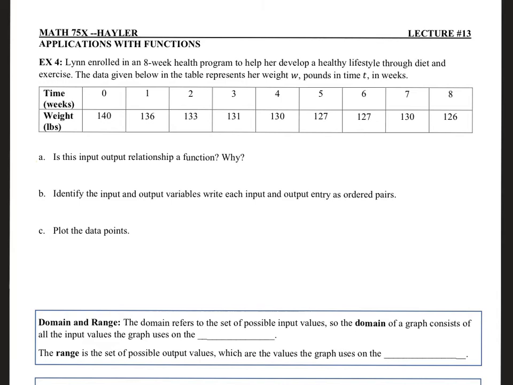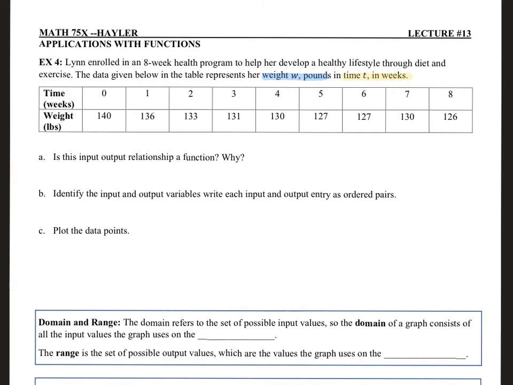Liz enrolled in an 8-week health program to help her develop a healthy lifestyle through diet and exercise. The data given below in the table represents her weight W pounds in time T weeks. Okay, so we know that the weight is W pounds and time is T weeks.